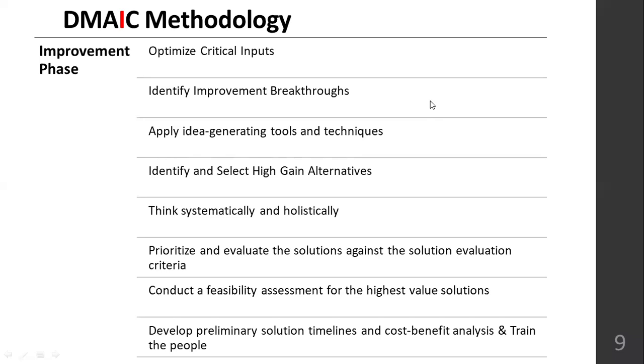Then develop preliminary solution timelines, cost benefit analysis, and train people. These things have to be done. If anything new has been implemented, your staff should know how to use it. That's why training of the staff comes in the improvement phase.